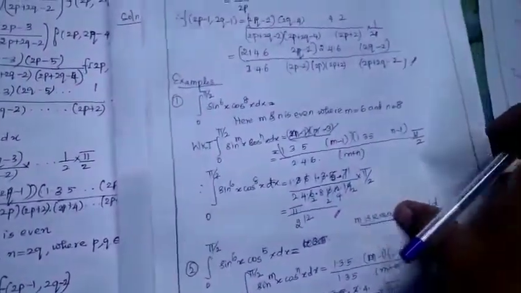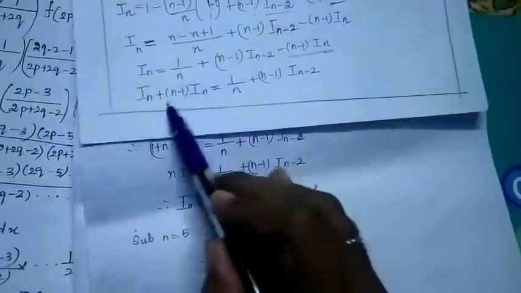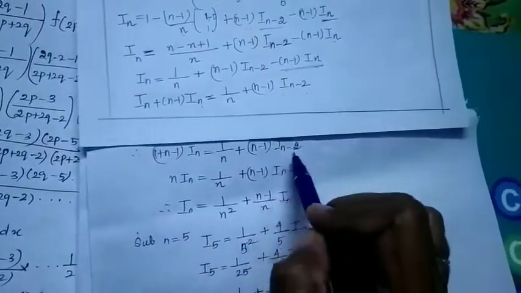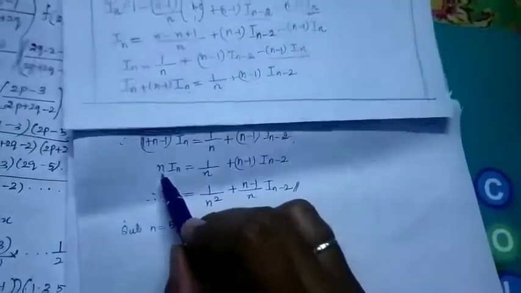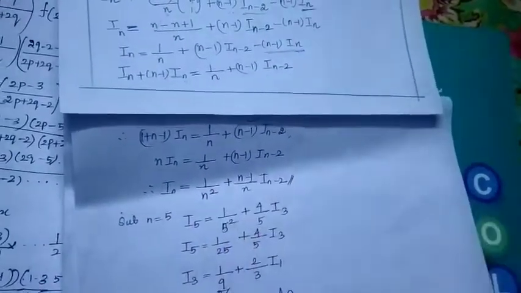So both the terms have I n common, so which can be written as 1 plus n minus 1 of I n equal to 1 by n plus n minus 1 times I n minus 2. So 1 gets cancelled, so n I n equal to 1 by n plus n minus 1 times I n minus 2.